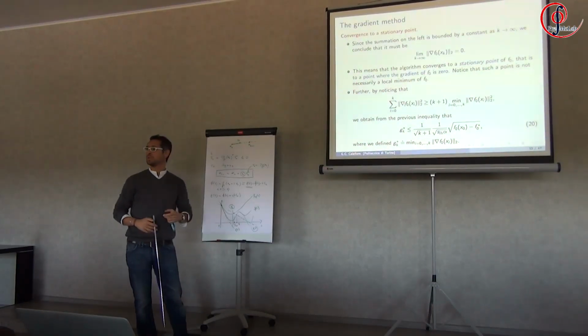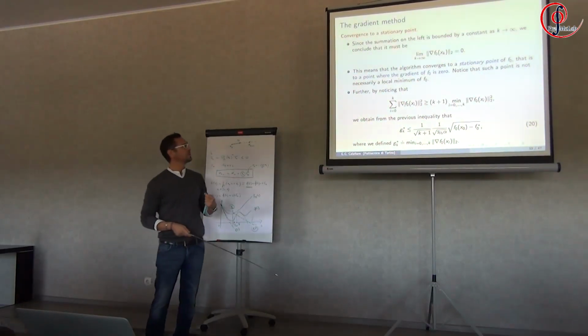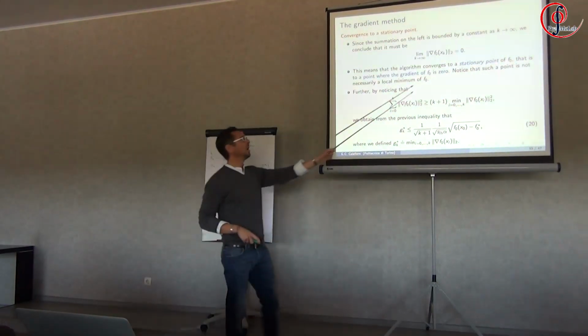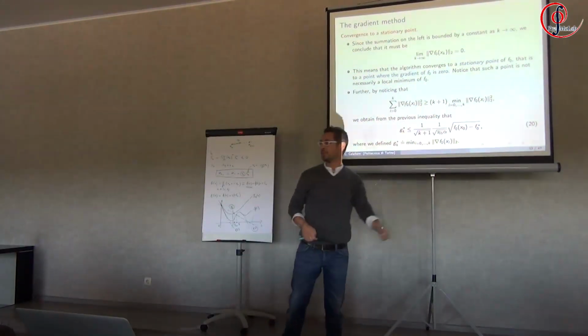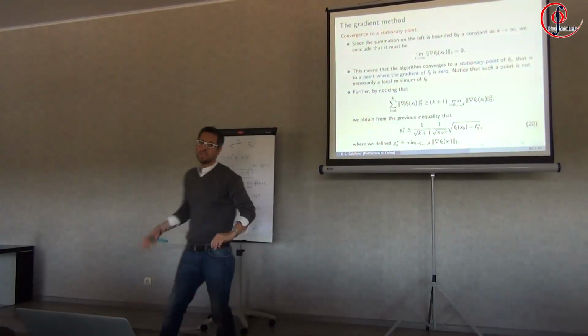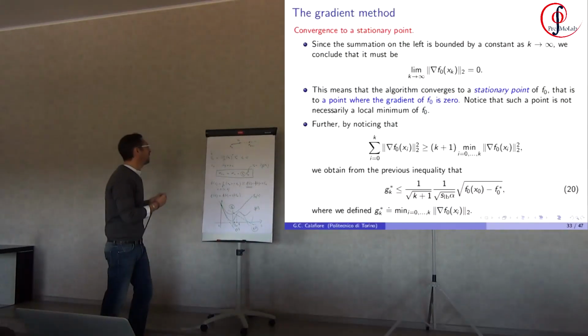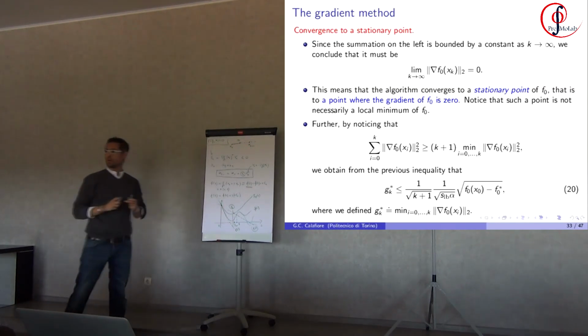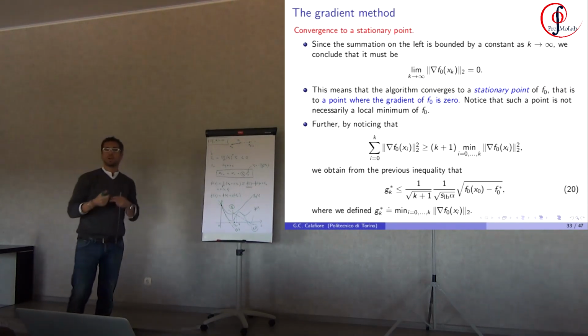Or in other words, it converges to a so-called stationary point of our objective function. A stationary point is a point of f0 where the gradient is 0. So the points where the gradient is 0 are called stationary points. What are stationary points?